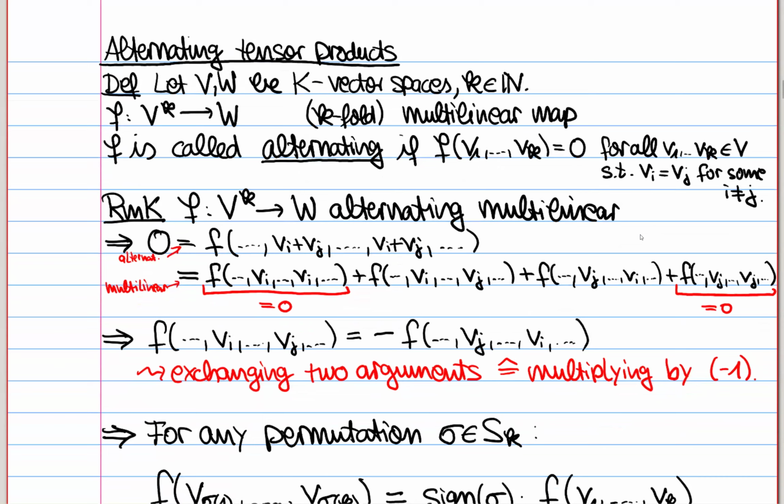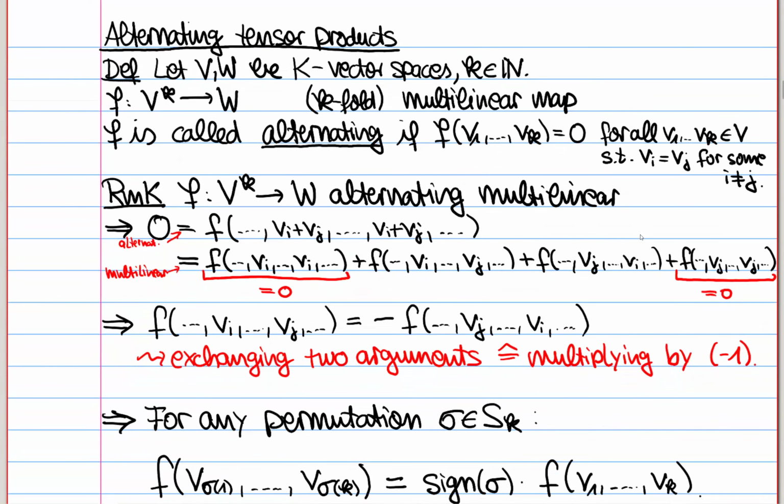And as a remark, a second characterization of being such an alternating multilinear map is as follows. We observe that if we start with the vectors and then we put in the ith and jth slot a sum vi plus vj, so two times the same, then because f is alternating, this vanishes.